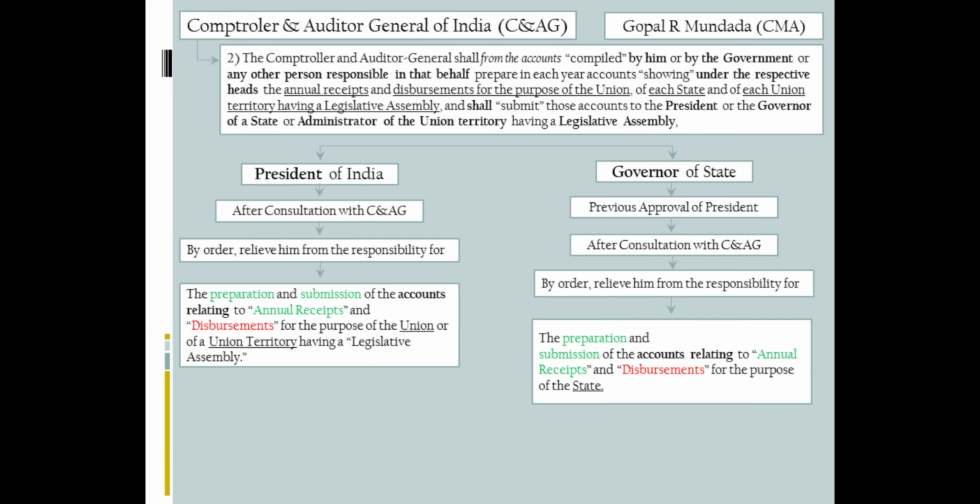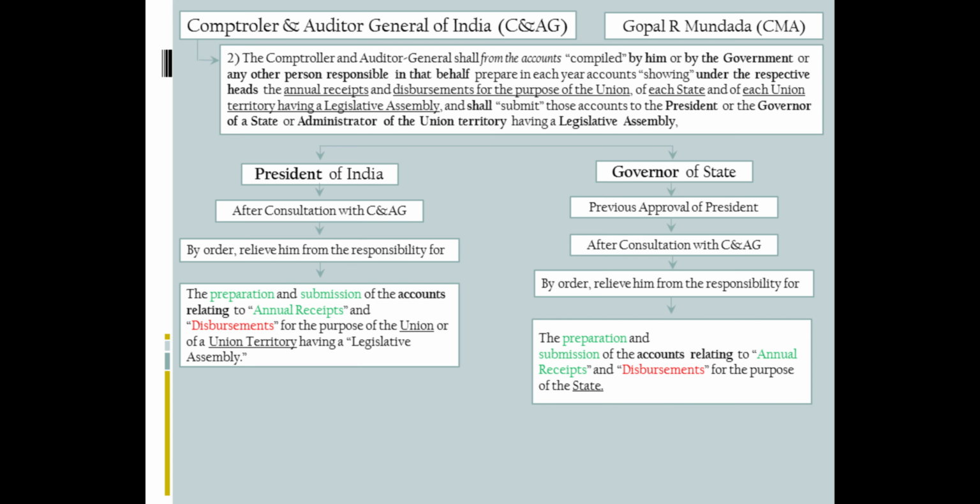So the next point is that the C&AG shall, from the accounts compiled by him or by the government or any other person responsible in that behalf, prepare each year accounts showing under the respective heads the annual receipts and disbursements for the purpose of the union and each state and each union territory having a legislative assembly, and shall submit those accounts to the president or the governor of the state or the administrator of the union territory having the legislative assembly.